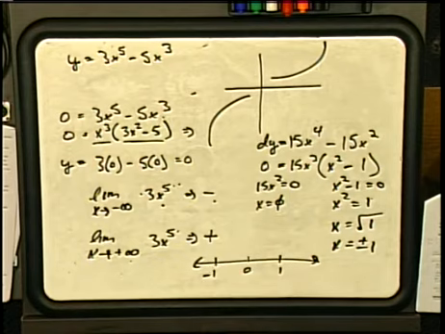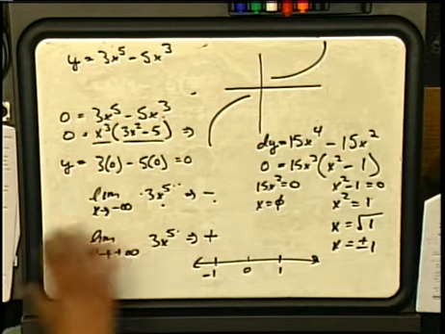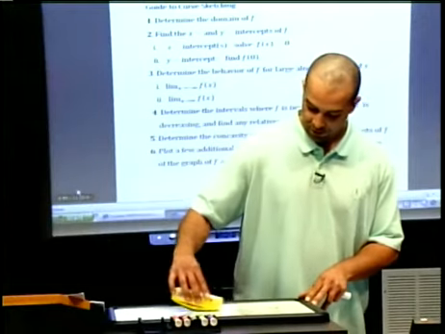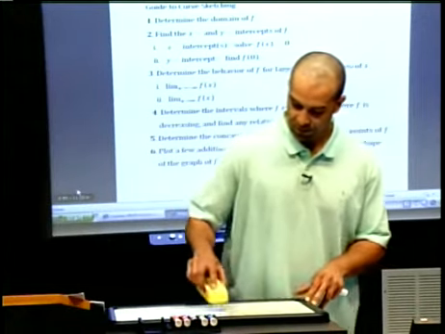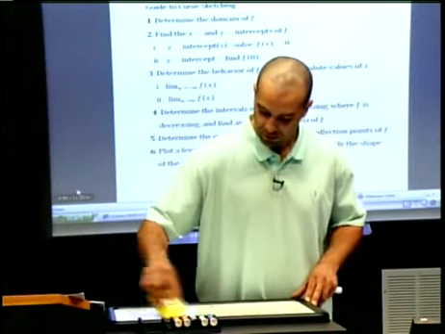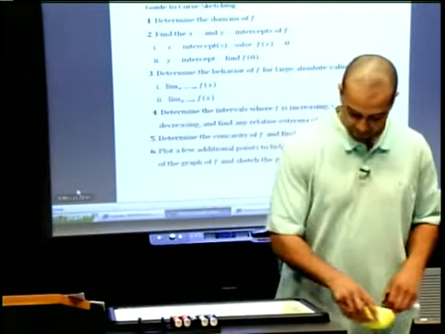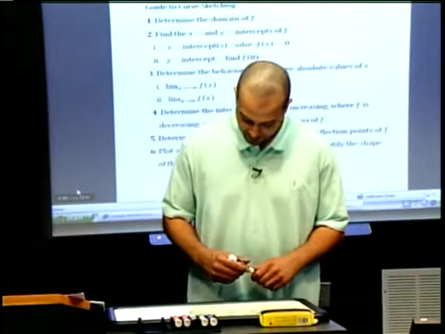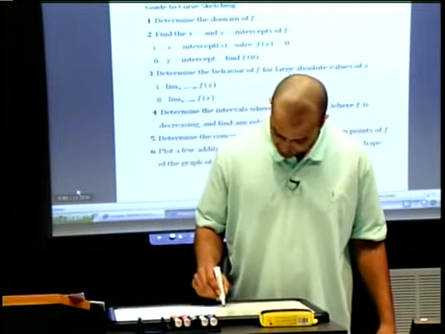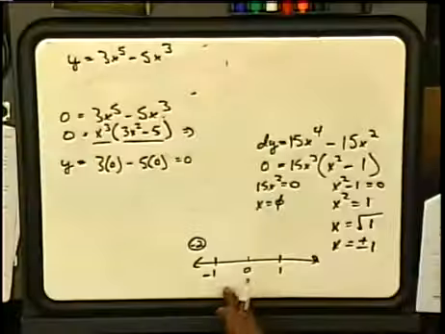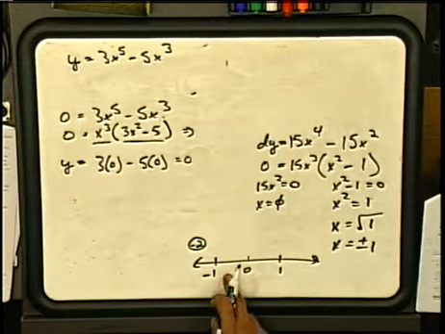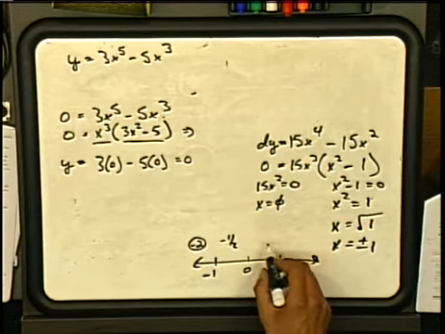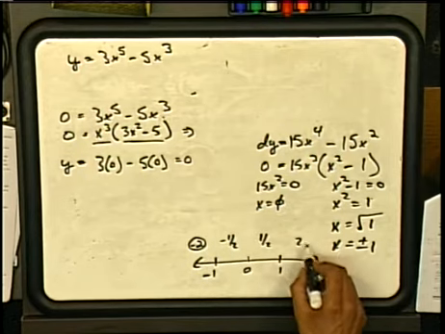I'm going to erase this limit stuff. You have your number line, and you get your test values. So let's pick negative 2, negative 1/2, 1/2, and 2.